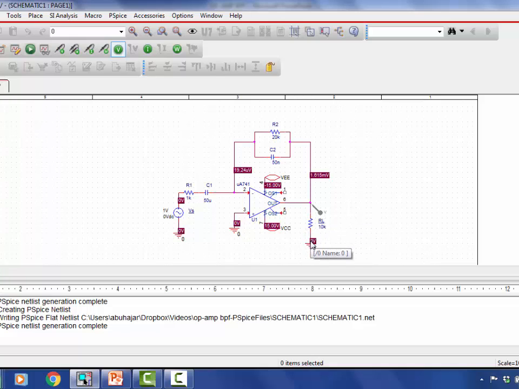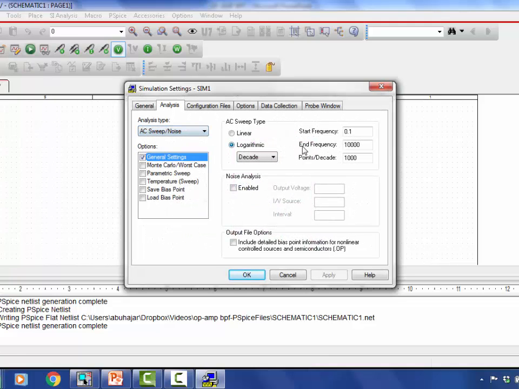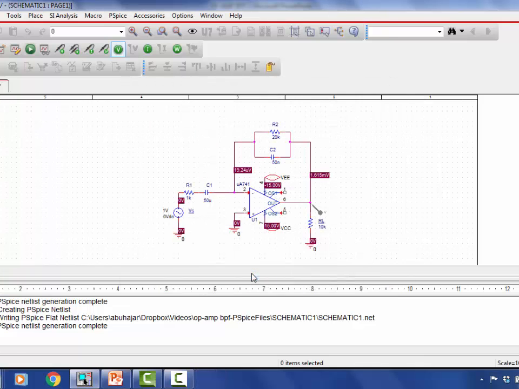kilo ohm resistance. We already decided to do an AC sweep, so if we look into the AC sweep, we're going to do an AC sweep from 0.1 hertz to 10,000 hertz, and we're going to use a resolution of 1000 points per decade. Now keep in mind that our circuit has a corner frequency at 20 radian per second.